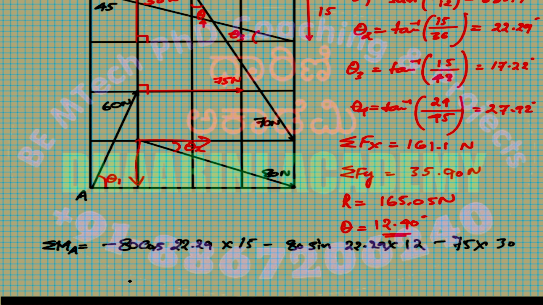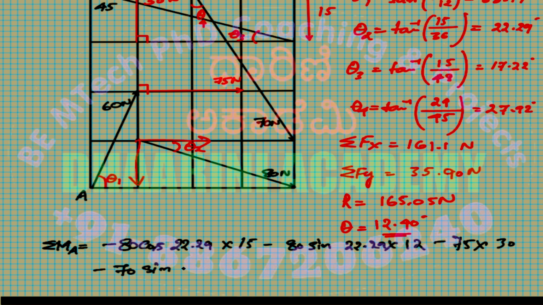Then let's consider the 70 Newton. 70 Newton is acting downwards, so it can also be split into vertical and horizontal. The horizontal force is going to rotate it anti-clockwise. So minus 70, the horizontal distance will be sine theta 4.